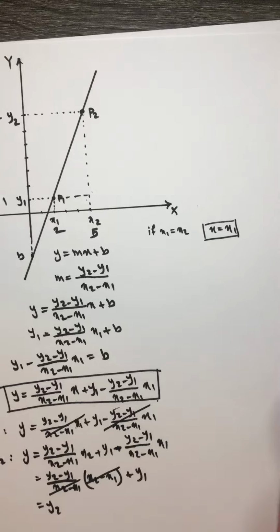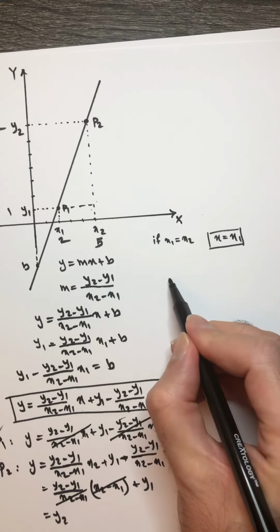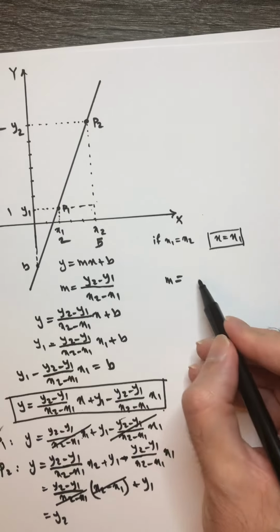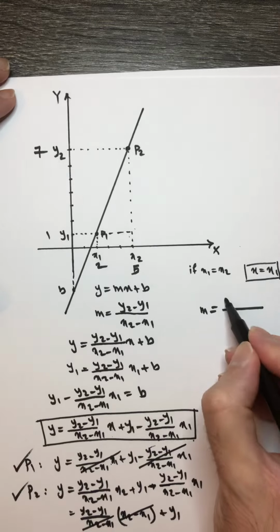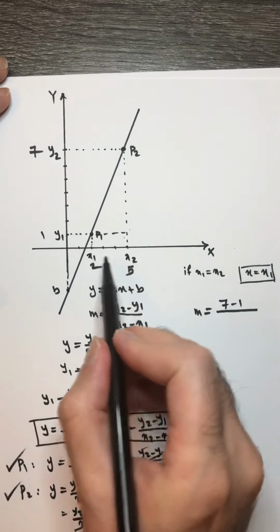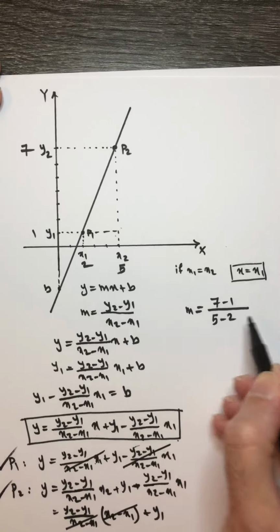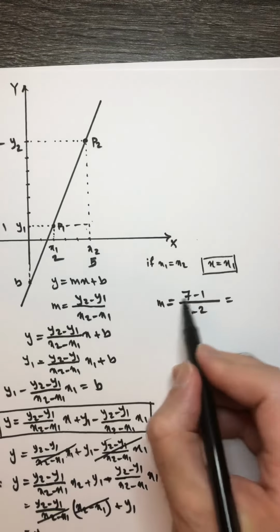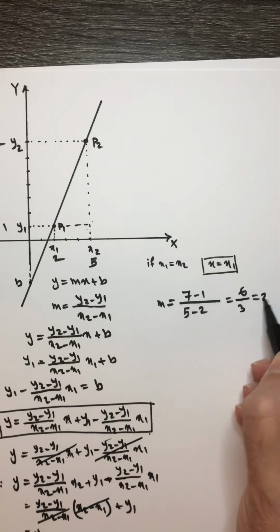So first we want to find m. m equals y2 minus y1, which is 7 minus 1, over x2 minus x1, which is 5 minus 2. So this is 6, this is 3, so m is 2.